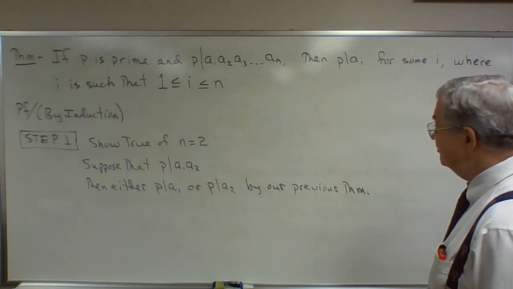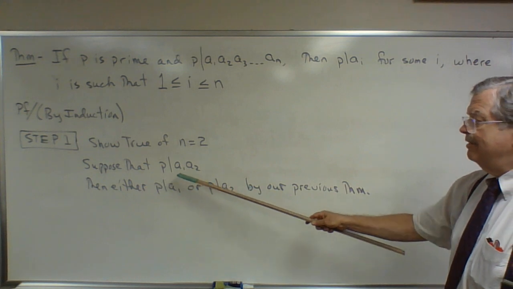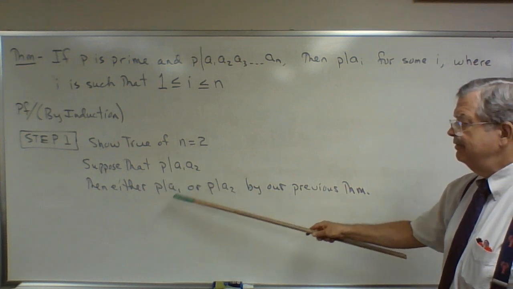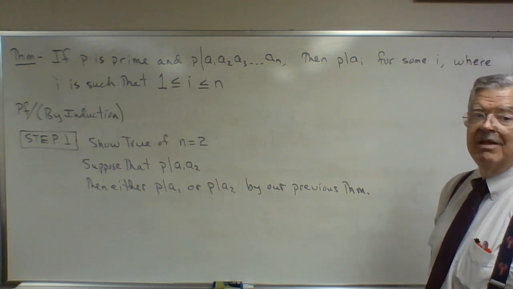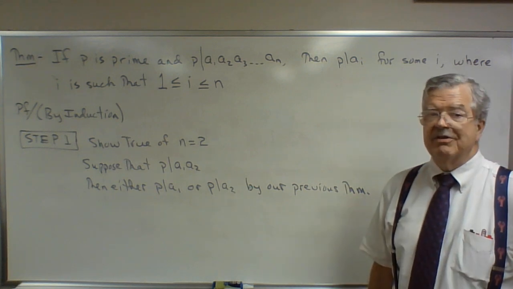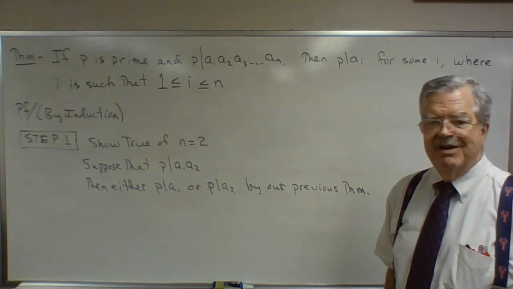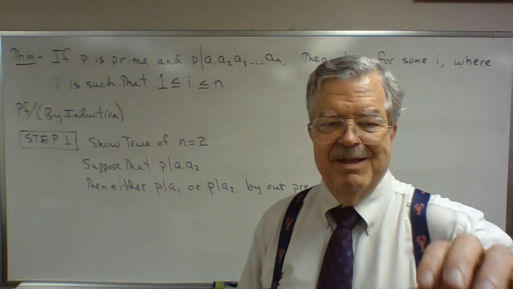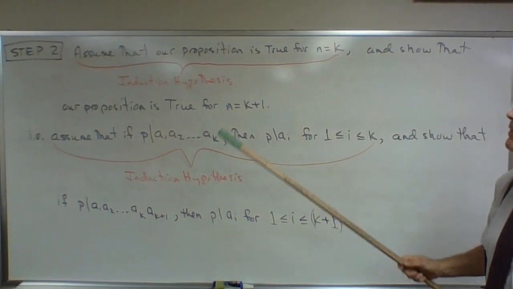It sure is. So if P divides the product of two integers, either P divides the first or P divides the second. That's what our theorem that we just got done proving told us. Now we go to the induction step.